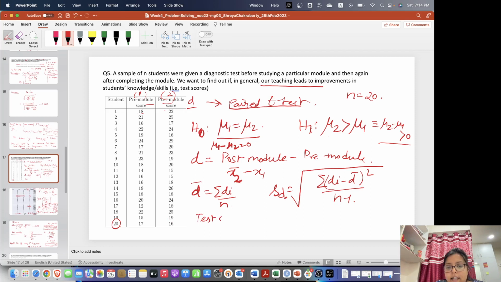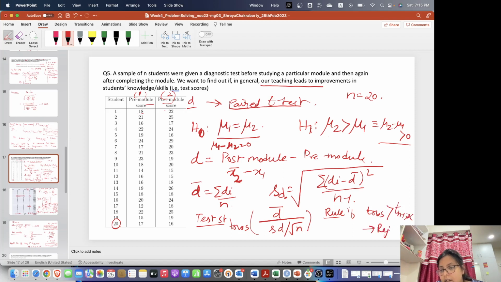And the test statistic is d bar by SD by root over n. And the rule is, if t observed is greater than t n minus 1, alpha, then we are rejecting H naught. This is what we have done.